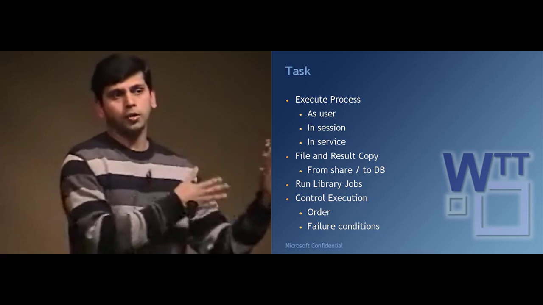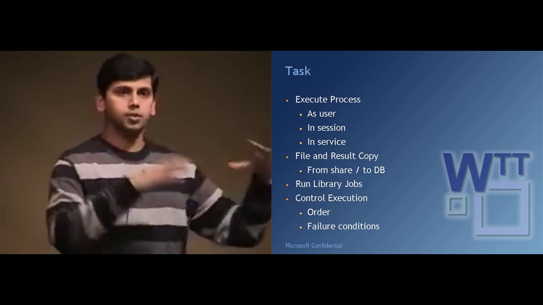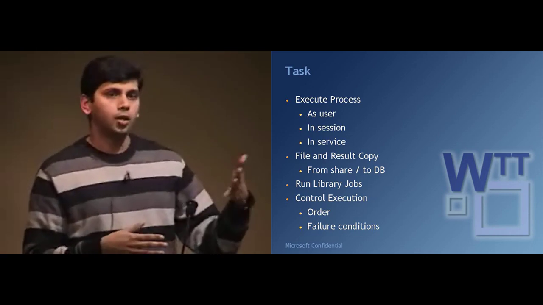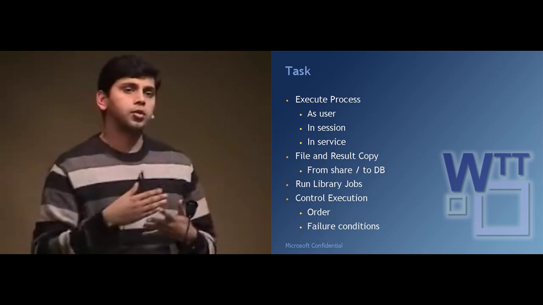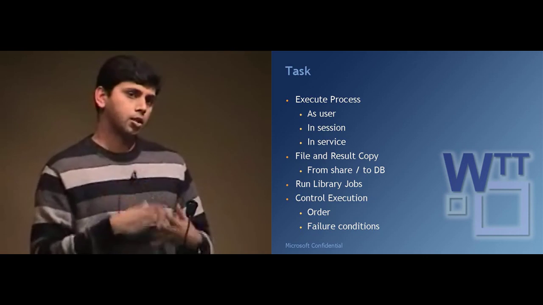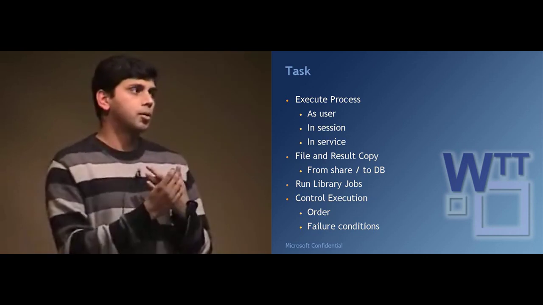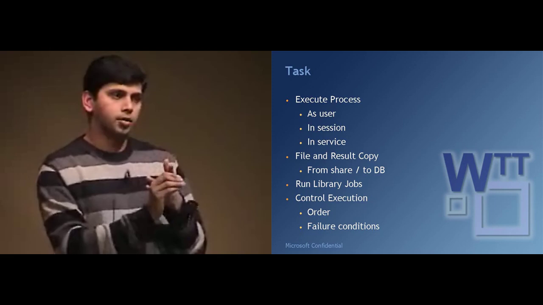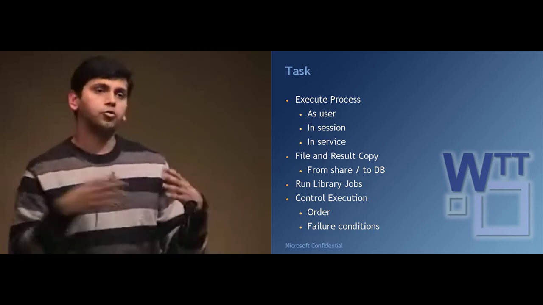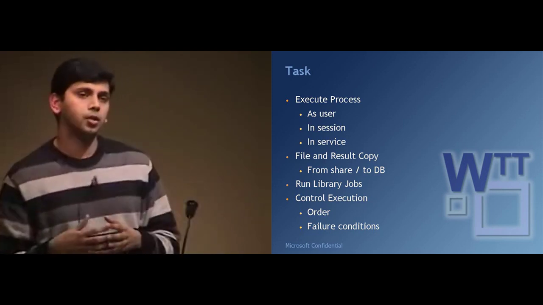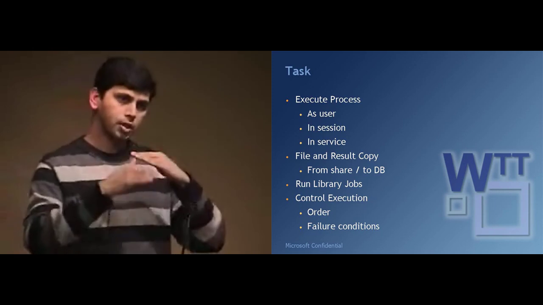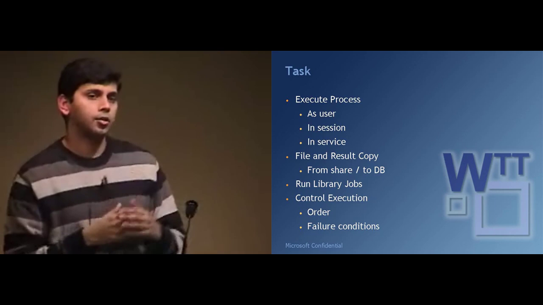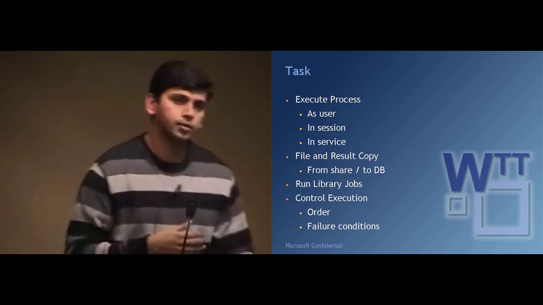Going back to that example where you are setting up a server and a client scenario, on the server machines you may want to run, let's say you are setting up a domain controller, then one of the tasks will be DC promo. So you will have to run DC promo, and then there may be join client or setting up some permissions. Those will be one executable at a time or one batch file at a time, and those are the tasks we are talking about.